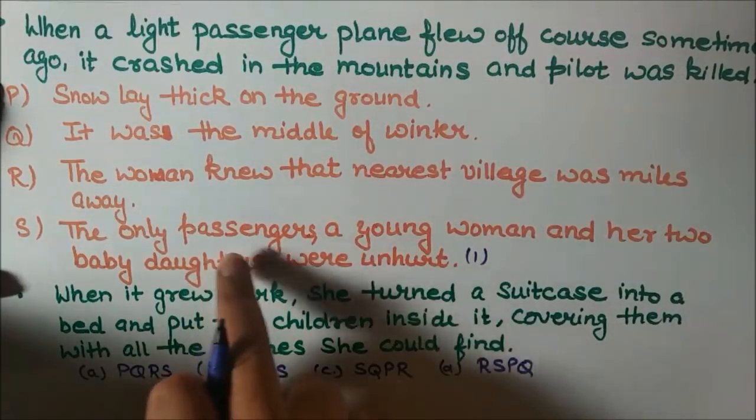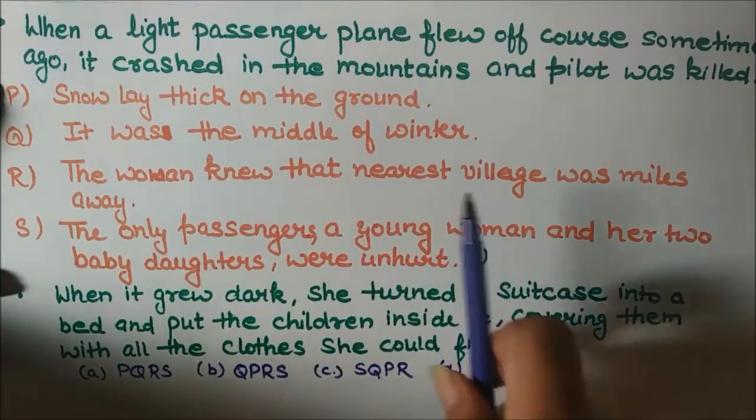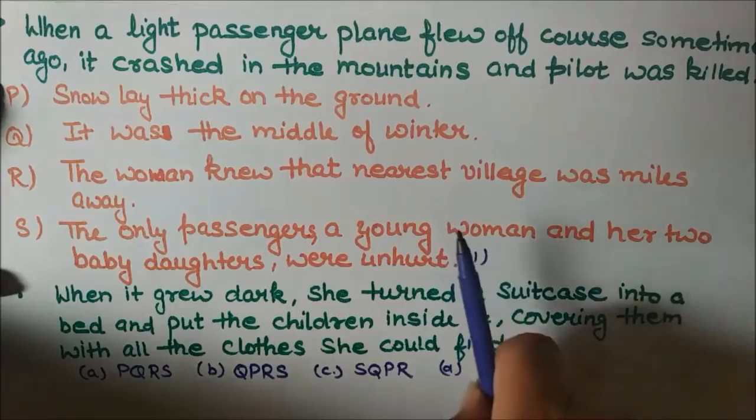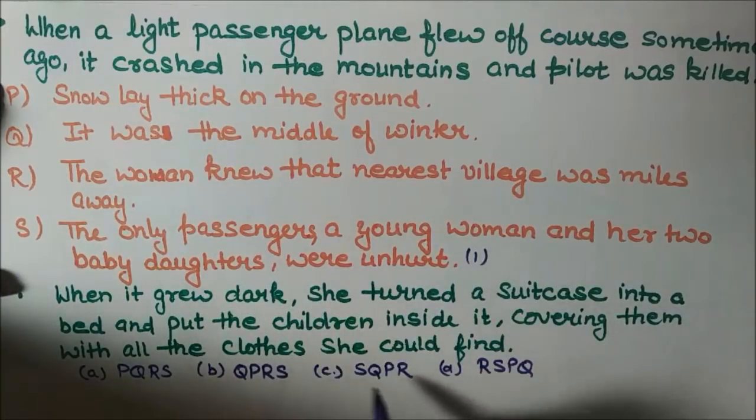So I think the only passengers, a young woman and her two baby daughters, were unhurt will be the first. If you are sure about this, it is easy: the only option starting with S is here. Now we will follow this sequence.